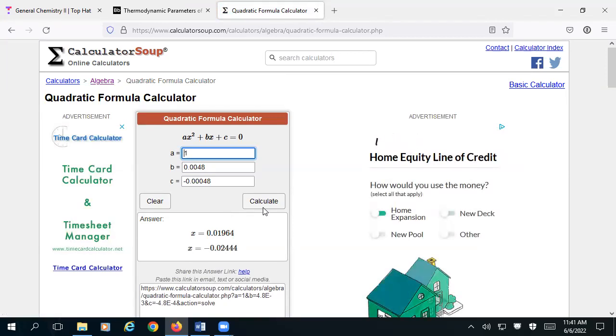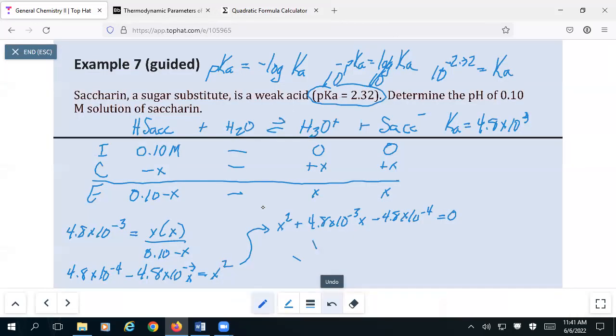And we're going to get two roots as a possibility. One of them is negative, which makes no sense. Can't have a negative concentration. The other one, to two significant figures, would be 0.020. So that is the one that we will use. Since we are being asked for the pH of the solution, we need to know the hydronium concentration, which is x.